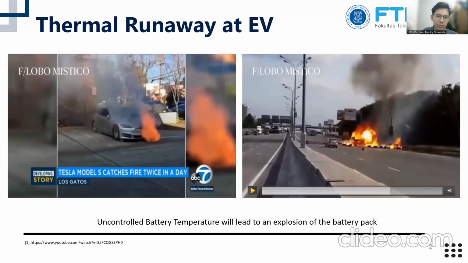This phenomenon occurred because of the high temperature of the battery pack inside the electric vehicle. Therefore, because this problem occurred, we must design an effective cooling so thermal runaway does not happen in electric vehicles.